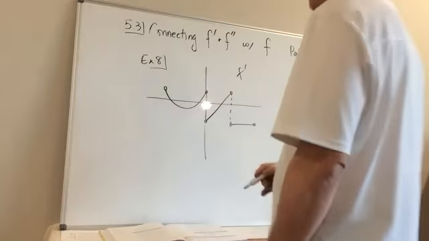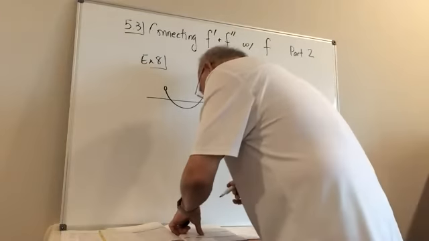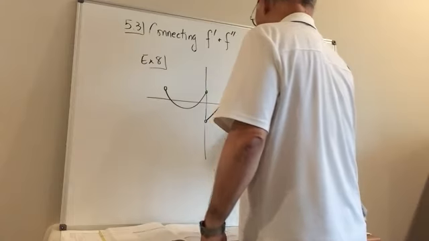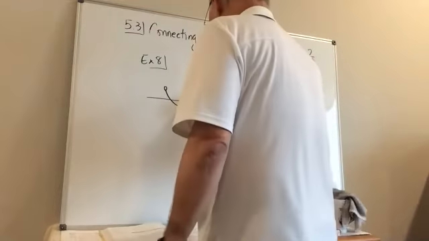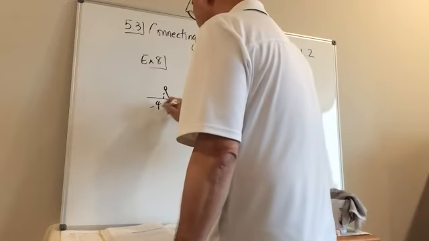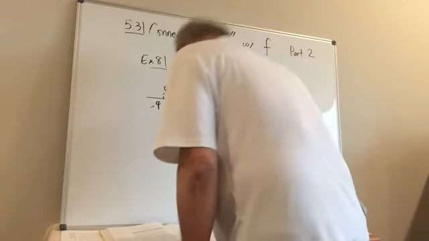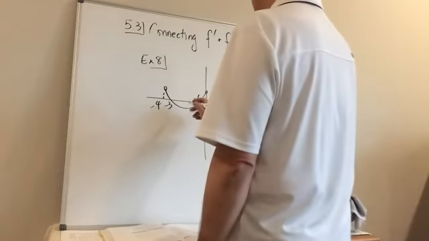So from this, we need to find our f, right? So this is 2 and 4, 2 and 4. This guy was 1 and -1 and -3. And this way was going to be -4. Okay, so this is f prime.